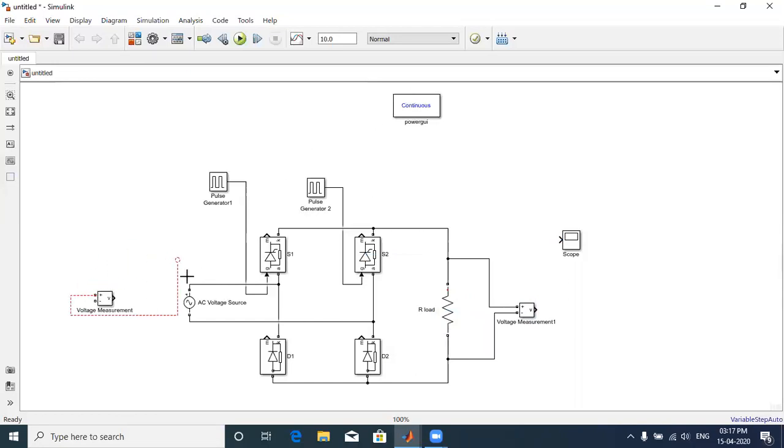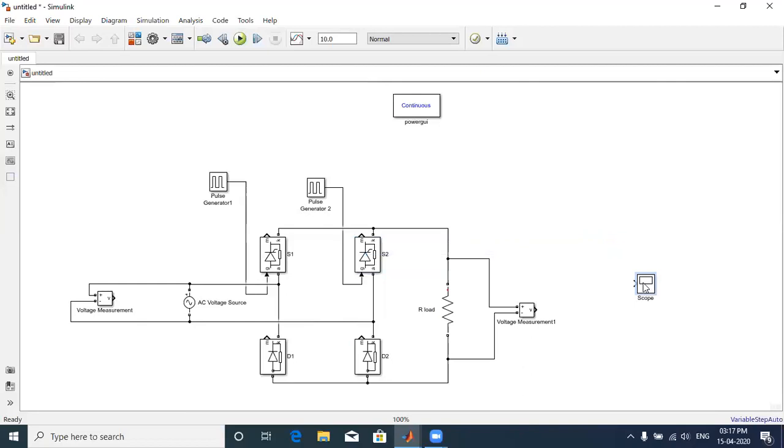This voltmeter to measure the input voltage. So we have made all the connections. Now we have to connect all these measurements which are to be observed on the scope.